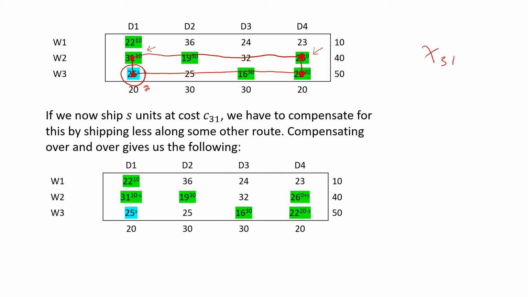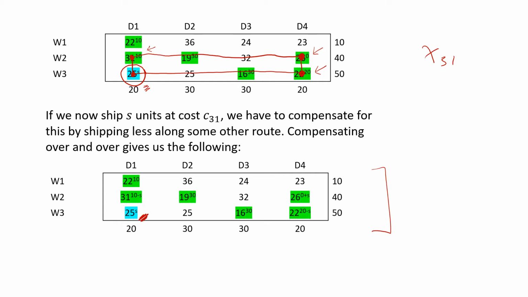So I go to the next point of my cycle and it has to decrease here. And by doing this, I guarantee that all of my supply and all of my demand is still going to be met by alternately increasing by S, decreasing by S, increasing by S, decreasing by S as I go around my cycle. And you can see that's what I've done here on the bottom.